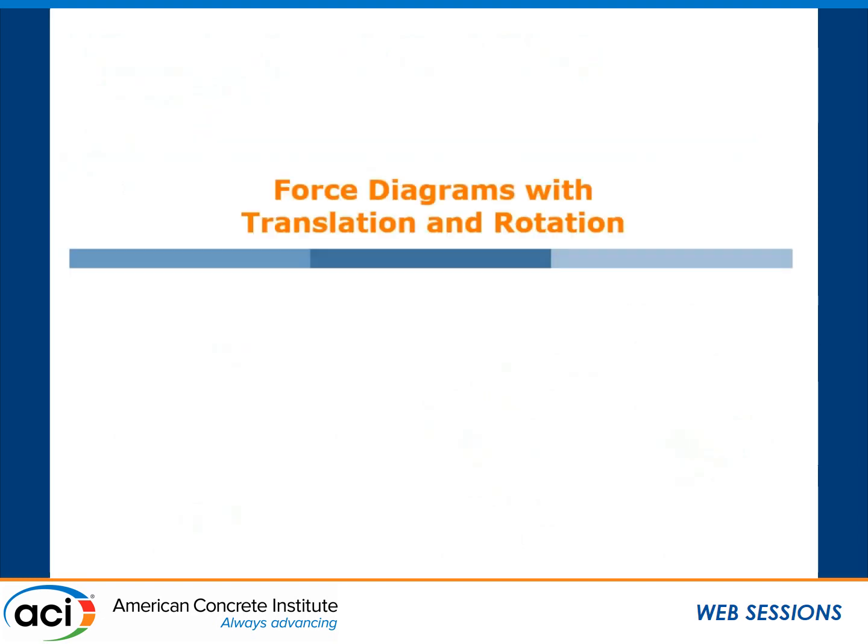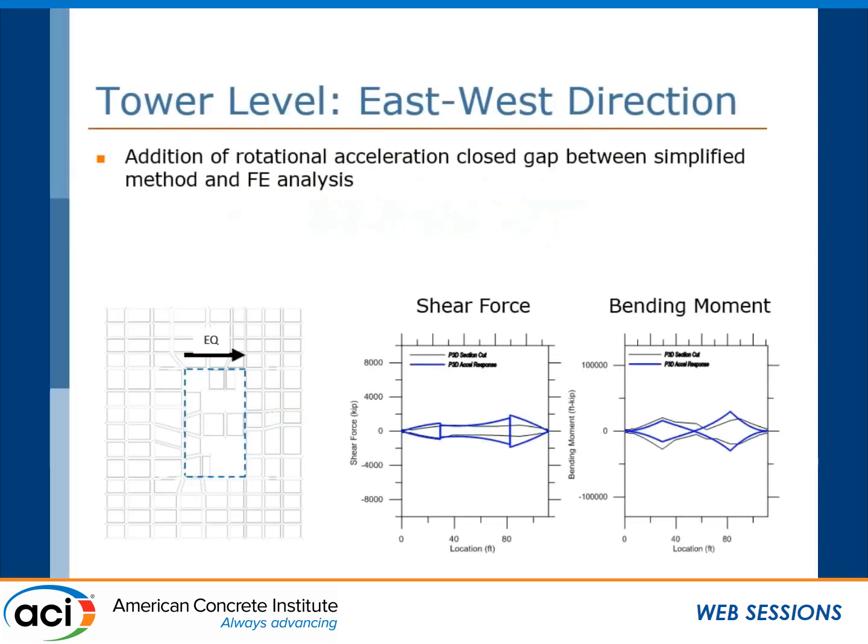And then the last couple of diagrams are if we take into account the twisting that each of the floors experience. When we take into account the twisting for the tower level, it's able to better match the forces from Perform 3D, with a slight overestimation.